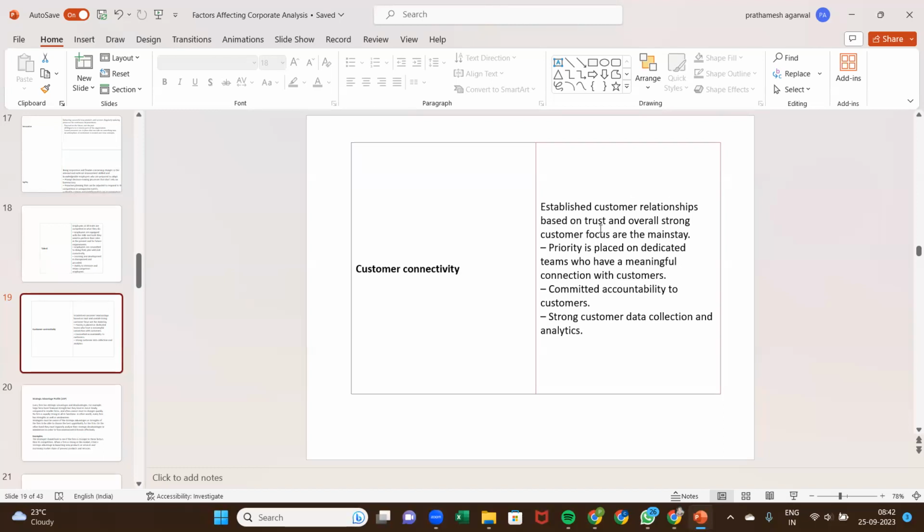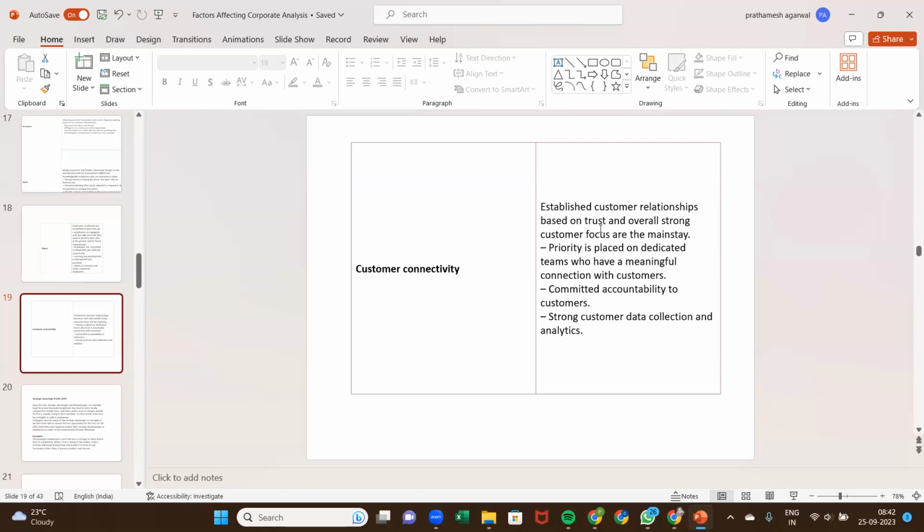For example, a husband is buying a dress for his wife. The husband is buying, so he becomes the customer, and the wife who's going to use the dress becomes the consumer. All right. Strong customer focus is the mainstay, that means the main component.